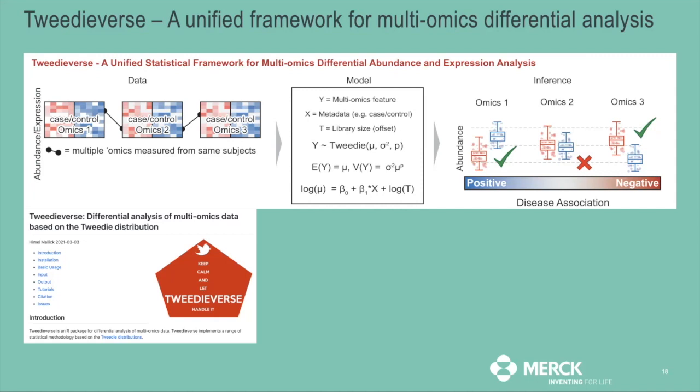But going back to our goal, on the left-hand side, those are our data sets, possibly omics 1 to omics 3, and you can imagine those can be your taxonomic features, pathway features, and for example, metatranscriptomic or metabolite features. You have collected these 3 layers, and the middle part, the black box, is the Tweedie model. Because there is a P parameter, you are assuming that your Y, on a per feature basis, you are estimating the mean, variance, as well as the index parameter per feature, and then doing the modeling.